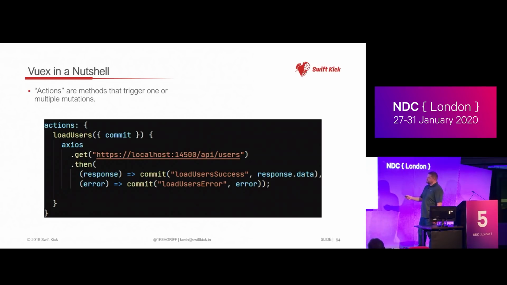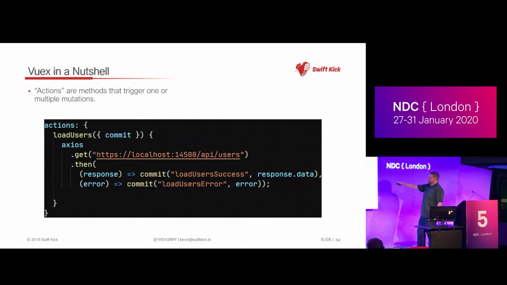So here, in order to even kick off the Axios call, I call an action called load users. I'm in a component, I tell it load users, and Vuex is going to give me this context object using object, what's it called? I don't remember what the term is.